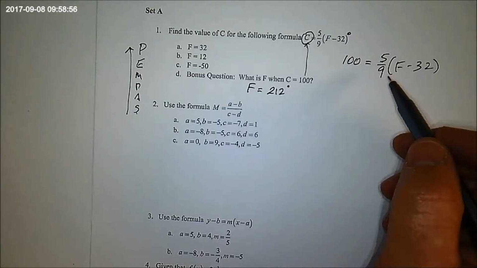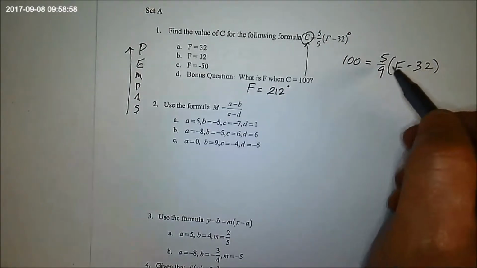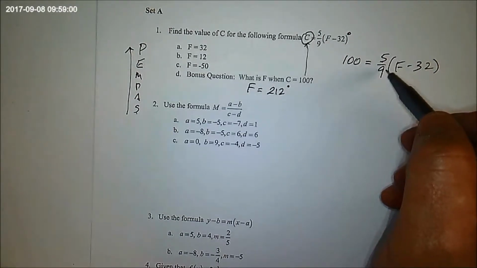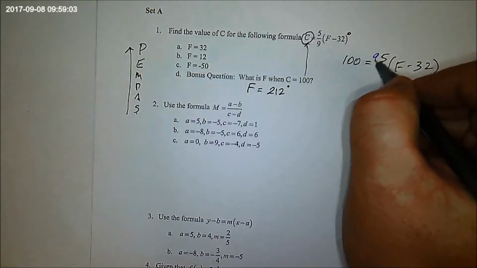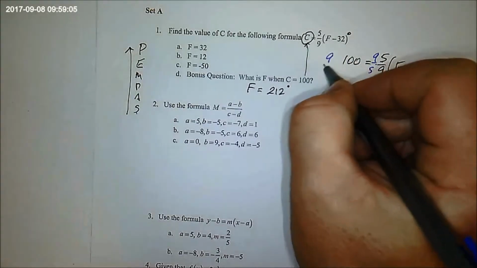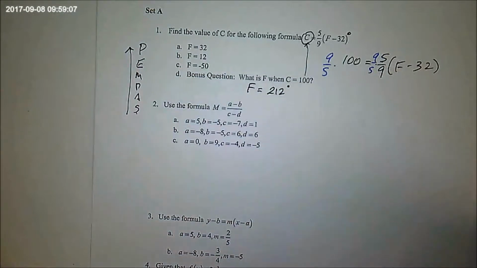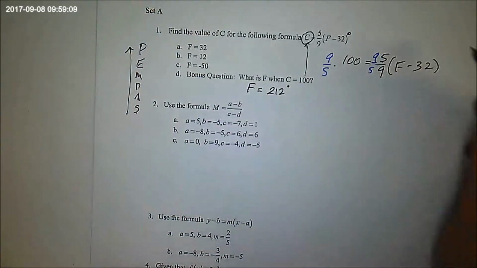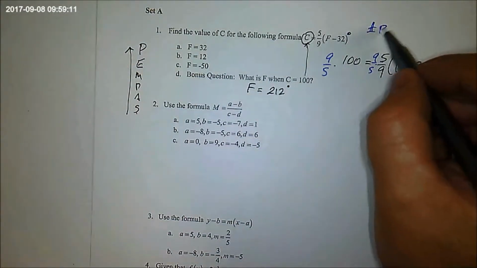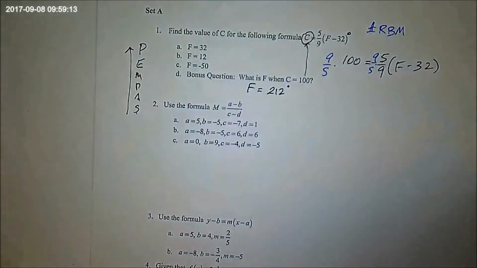The way you divide by a fraction is you multiply by its reciprocal, correct? So that would be times 9 over 5, and this would be times 9 over 5. And you should always reduce before you multiply.